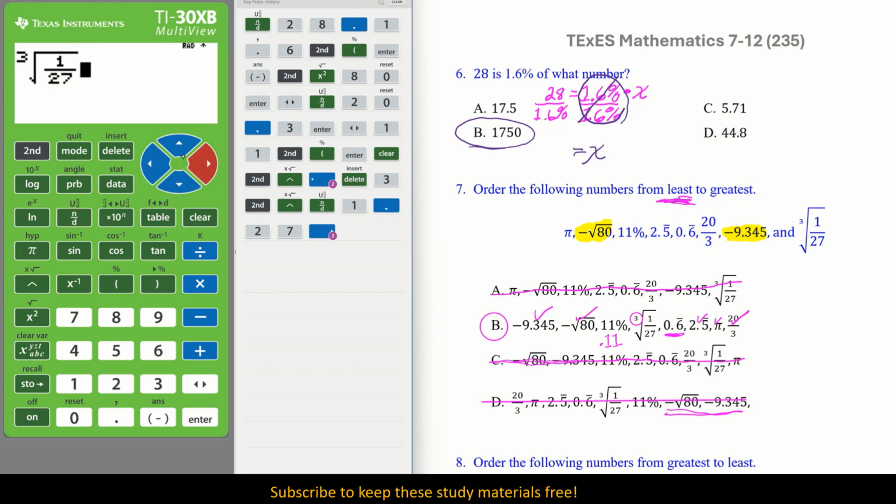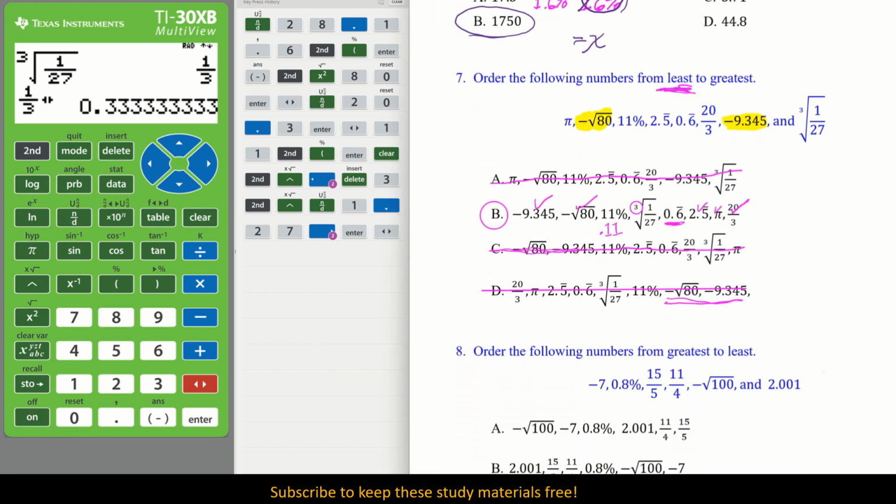I'm going to arrow over so you can see that we have exactly what's written on our paper. Push enter. And that's 1/3. And we've already seen by pushing our toggle button that is 0.3 repeating. So, yeah, that is larger than 0.11 and smaller than 0.6. So that is correct. So we verified that question.